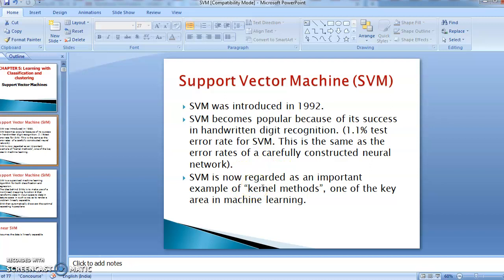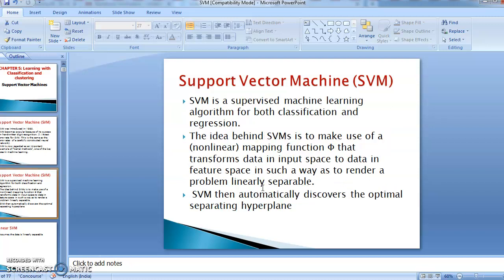The kernel method is a function which transforms non-linear data into a higher dimension or linearly separable form, so that it is easy to identify the hyperplane between the data points. Generally we have a mapping function for that.